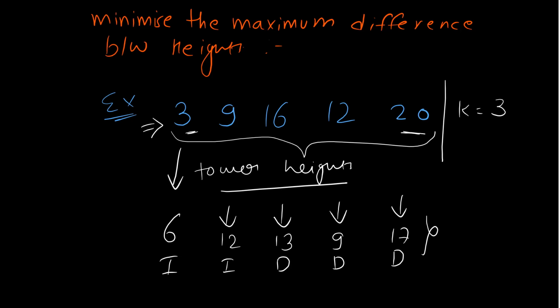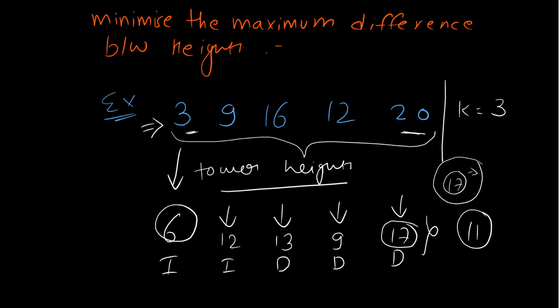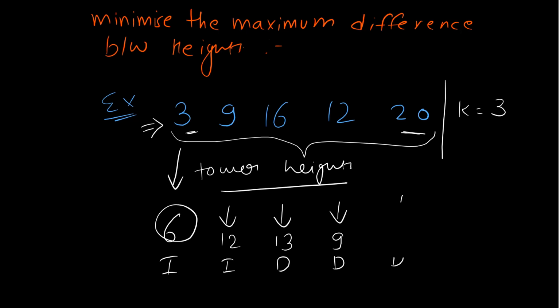Now the maximum difference between the heights is 17 minus 6, which is 11. Earlier we got 17, so it was not the minimum. So we need to increment and decrement the heights in such a way that we get the minimum.